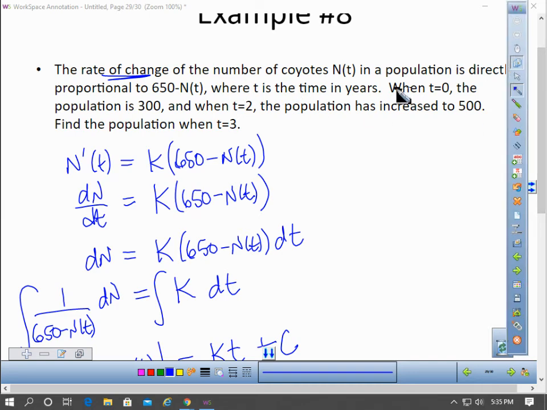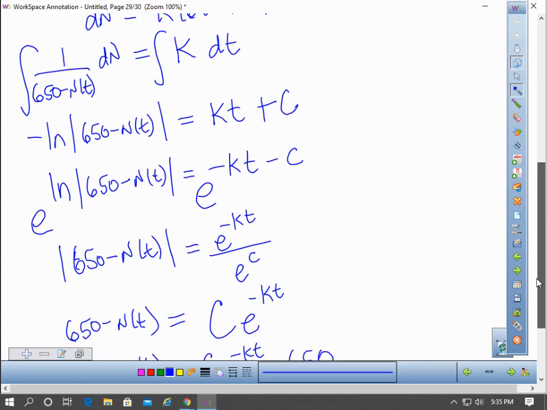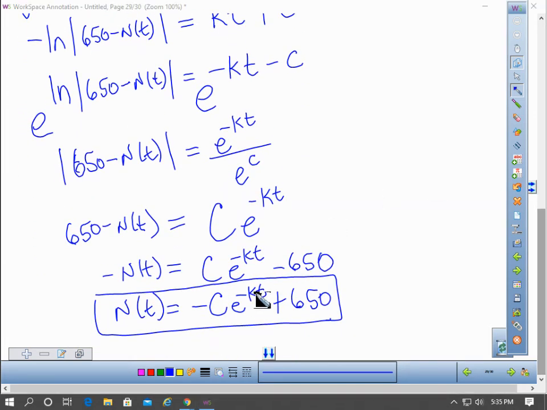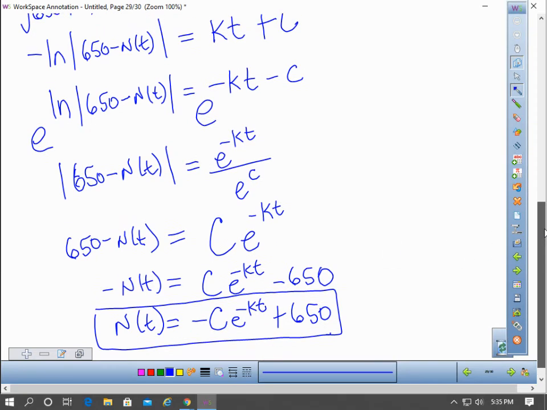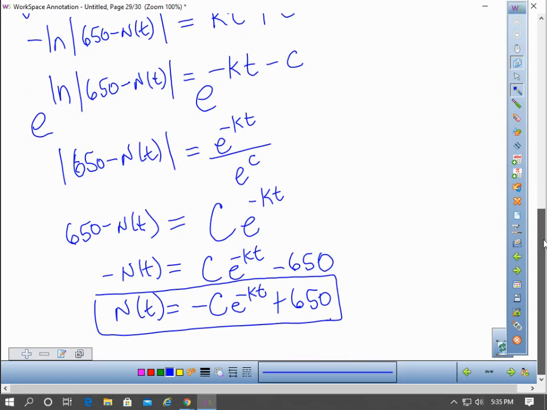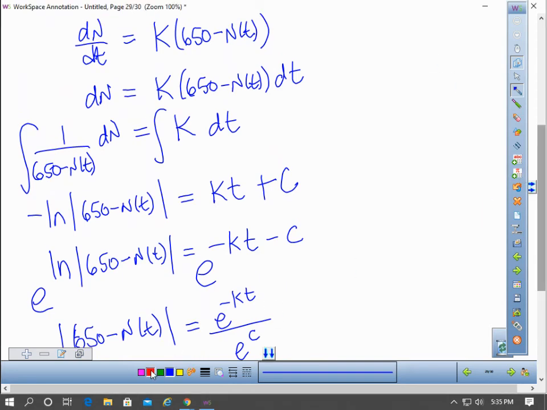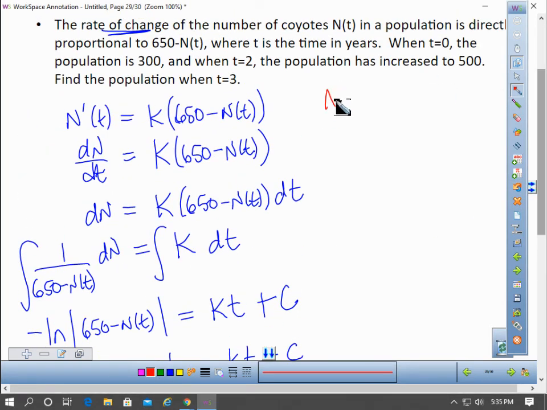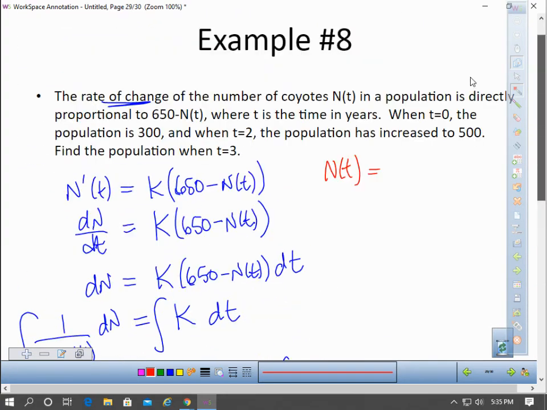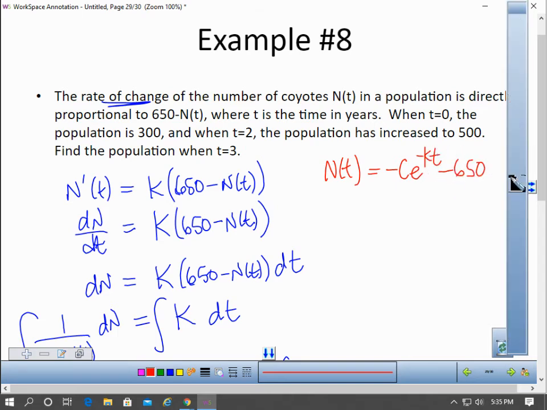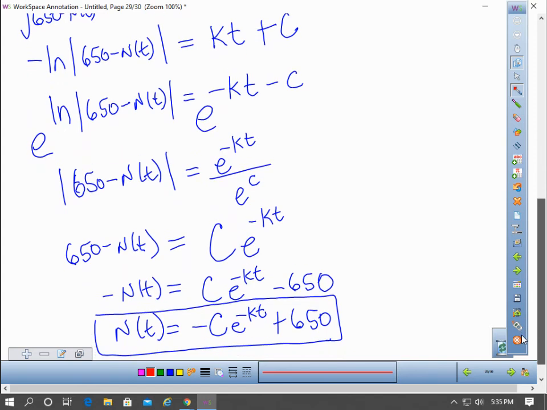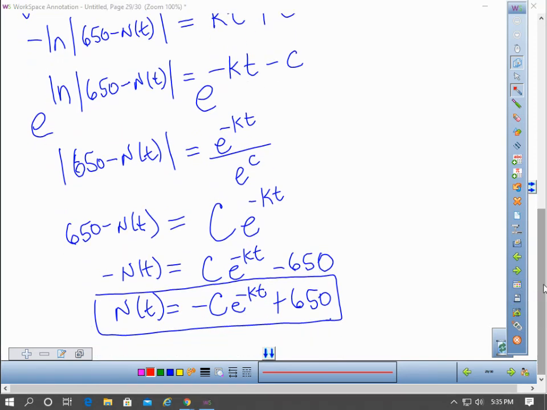All right, so then it says when t is 0, the population is 300. So let's figure out, let me go up here and write, if I can remember that. So we have n of t equals negative c e to the negative kt minus 650, I believe, is what we had. Nope, plus 650, because we multiplied that negative sign across there.